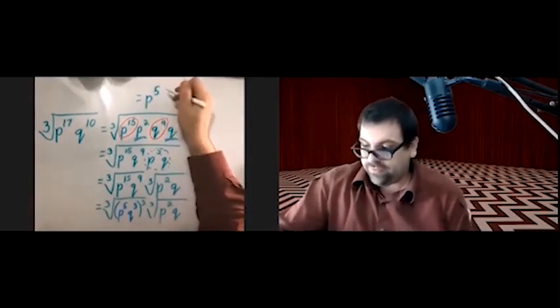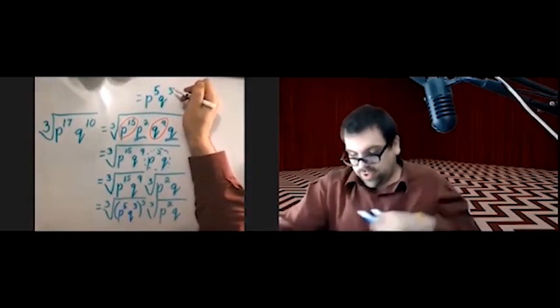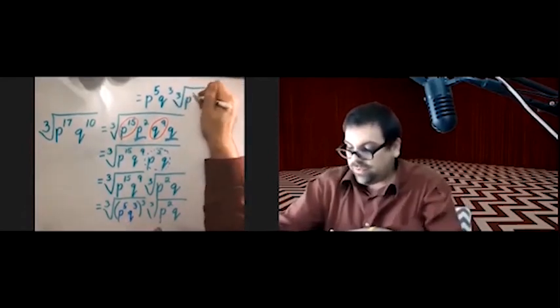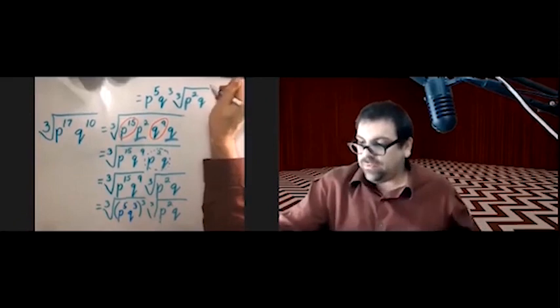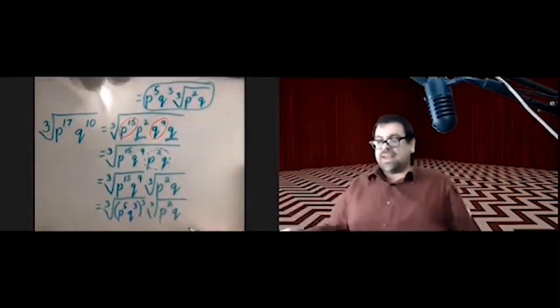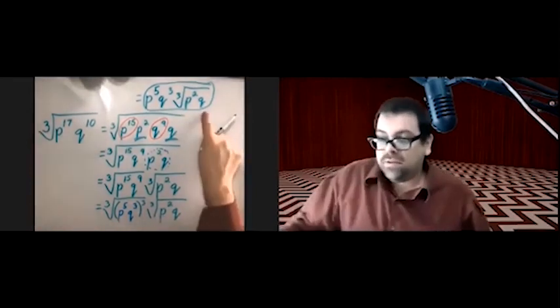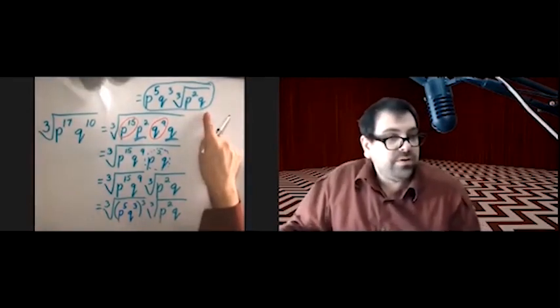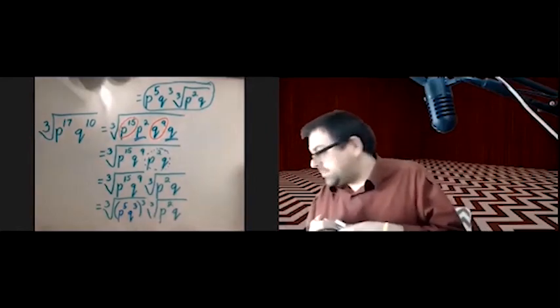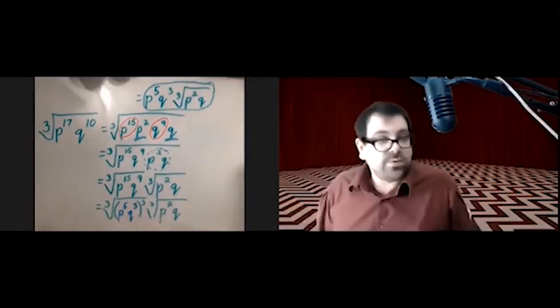P to the 5th q cubed times the cube root of p squared q. If you need to break it up into more steps and then bring it together at the end, that's fine. But this should be the form of your final answer. P to the 5th q cubed times the cube root of p squared q.